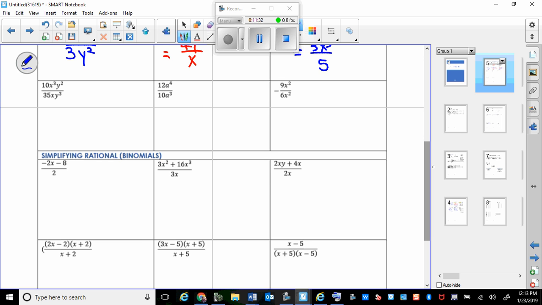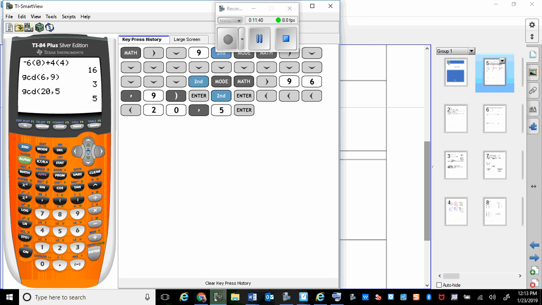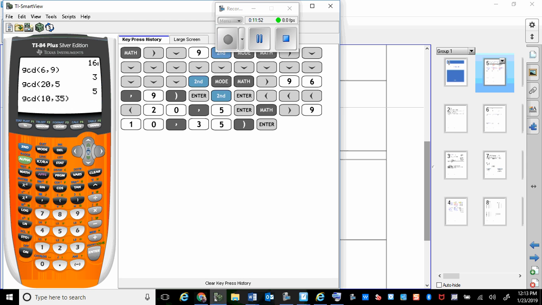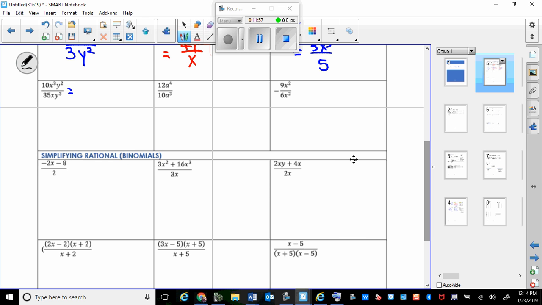All right, moving on to the next one, 10 and 35. If you're struggling with the greatest common factor, you're going to press math, right arrow over to num, press 9, 10, comma, 35. Enter. And greatest common factor there is 5.